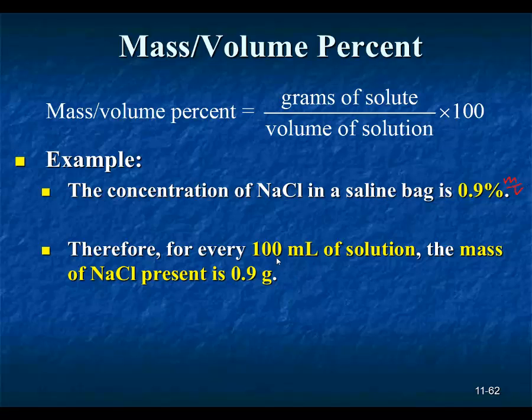So this tells us for every 100 milliliters of the solution mixture, there's about 0.9 grams of sodium chloride. That would give us, if I took the 0.9 grams of the sodium chloride divided by the volume of everything mixed together, if we had dissolved it in a volume large enough to add up to 100 milliliters and multiply by 100, we get 0.9%.